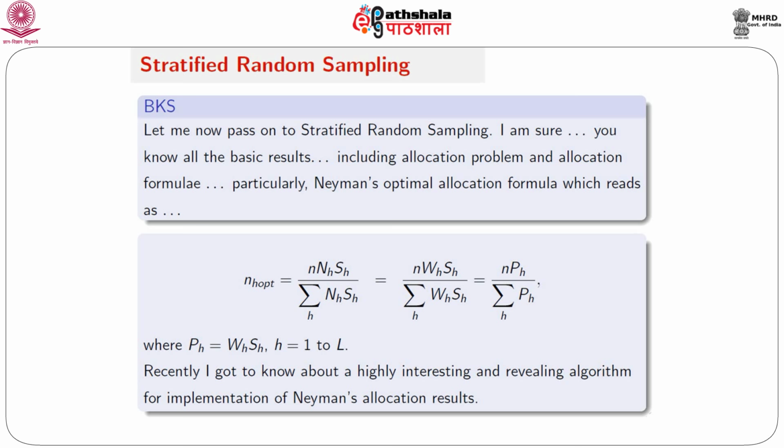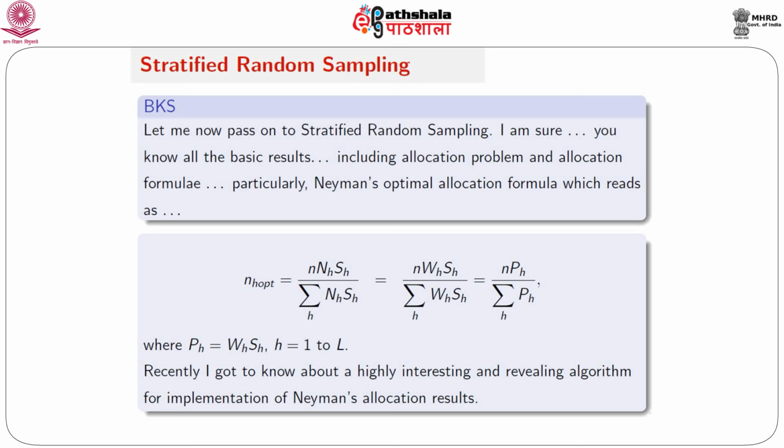Typically, we write capital L for the number of strata, and for the hth stratum, the stratum size is capital N_h, the stratum variance is S_h square, and the stratum weight is W_h, which is N_h over capital N. And Neyman's optimal allocation formula reads like, for a total sample size small n, the optimal allocation of n into the hth stratum is given by n_h opt equal to small n P_h over summation P_h.